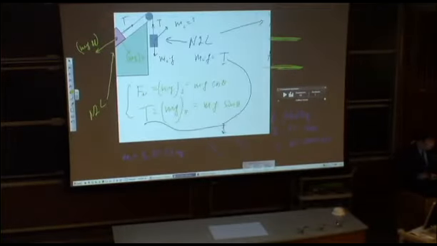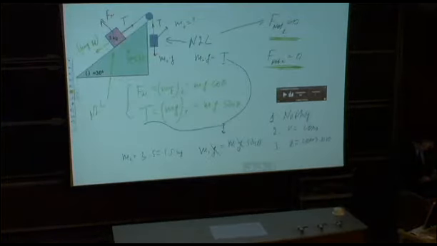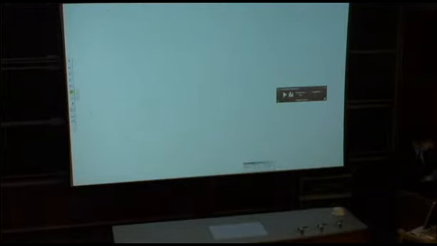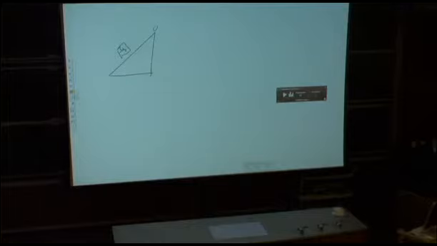We know now that the critical mass equals 1.5 kilograms, but the actual mass attached to it is equal to 1 kilogram. So this is the actual situation. 3 kilograms, 1 kilogram. 1 kilogram is less than 1.5 kilograms.